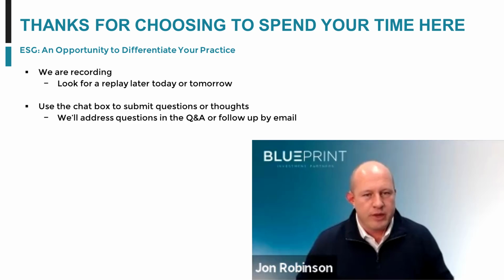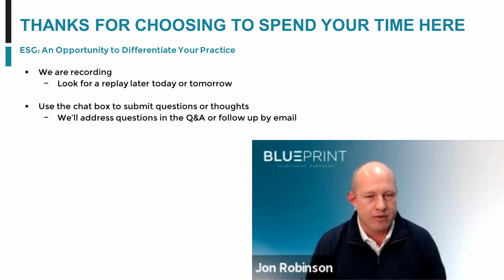Before we get started, I just wanted to set the table for what we're going to cover today. First, we're going to talk about the ESG market as a whole and look at the assets and asset flows and geographical disparities between the US and Europe, and how sustainable assets have grown and where they are today.